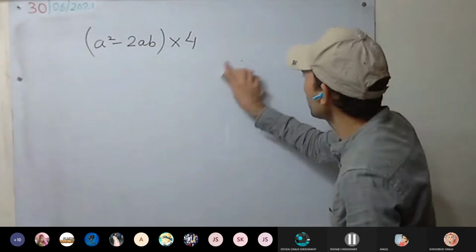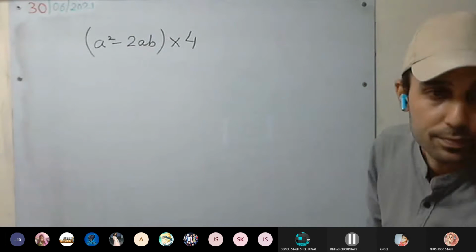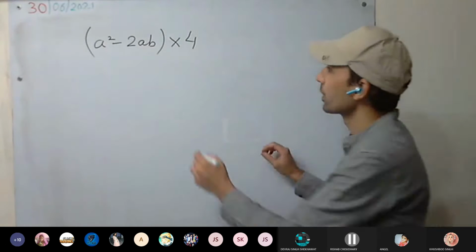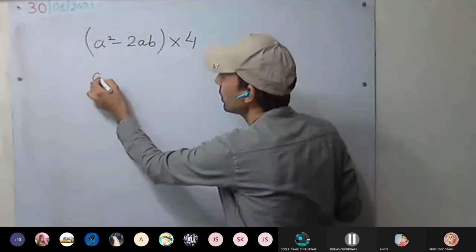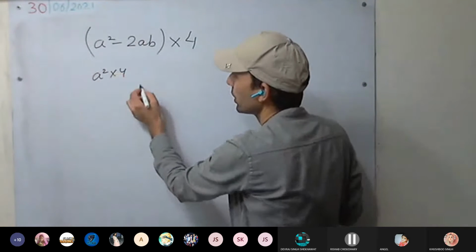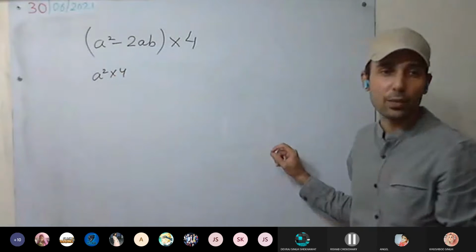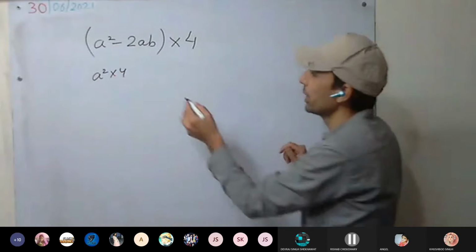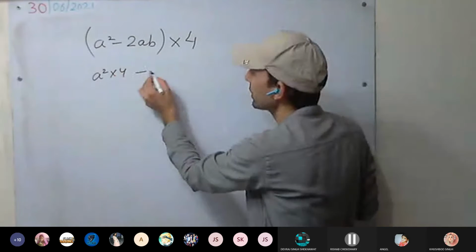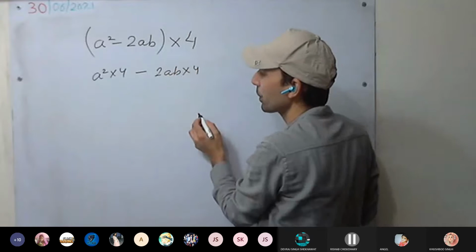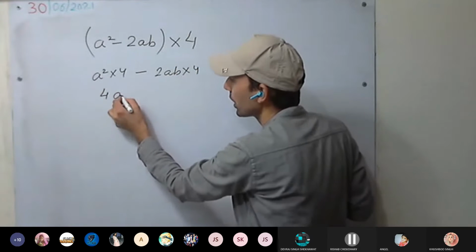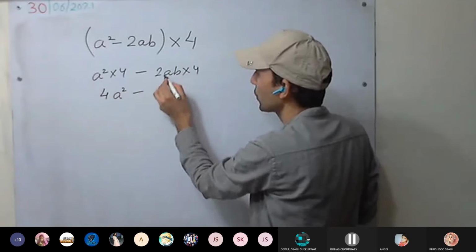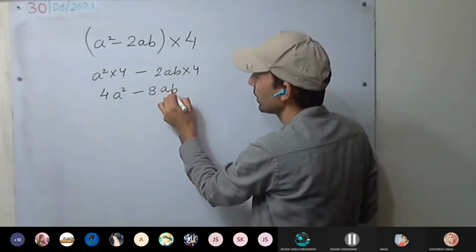So how are we going to solve this one? A square into 4. And here we will distribute multiplication over subtraction. Minus 2ab into 4. Multiply them. 4a square minus 4 into 2, 8ab.